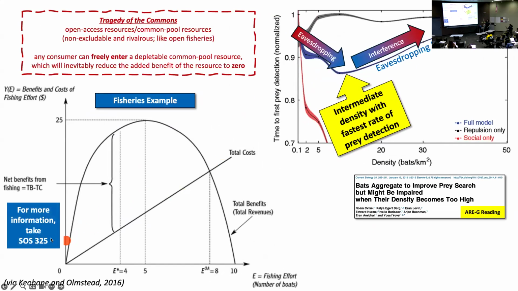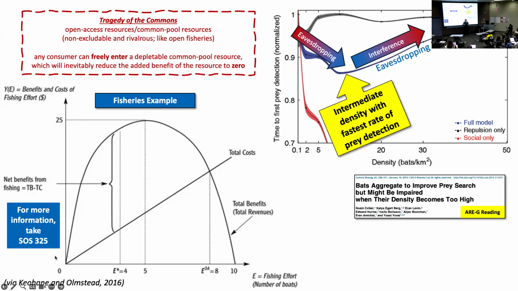If you take a course like, for example, SOS 325, which is, I think, economics of sustainability, then you'll see an example like this. So this is the fisheries example, which has to do with the returns you get as boats enter a fishery.